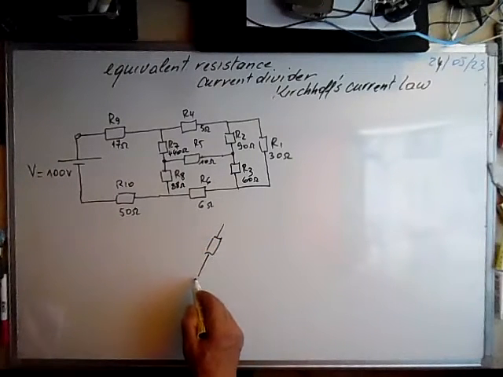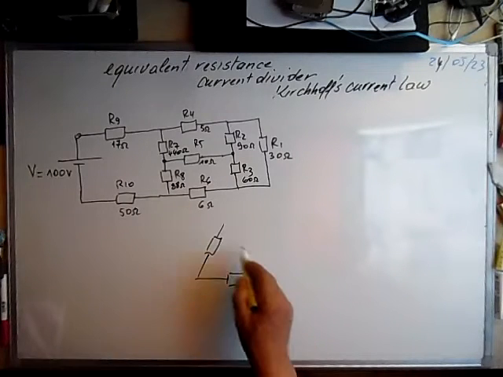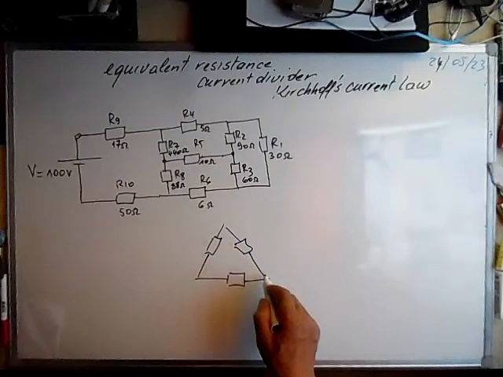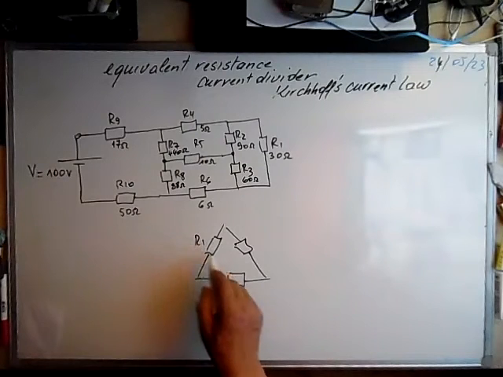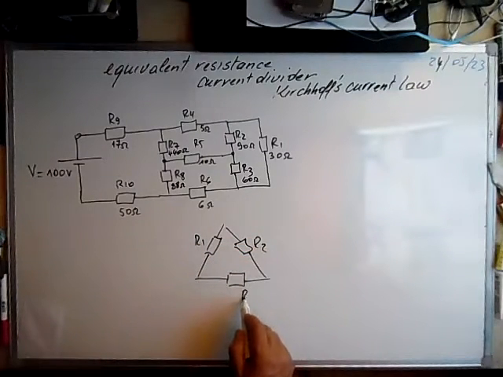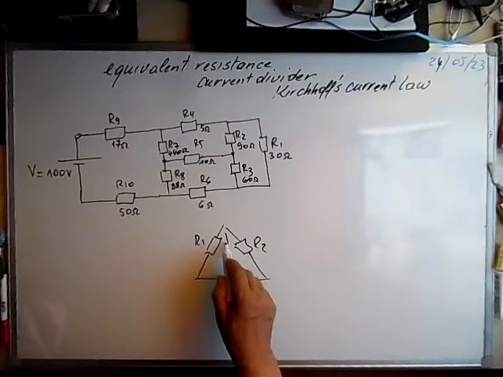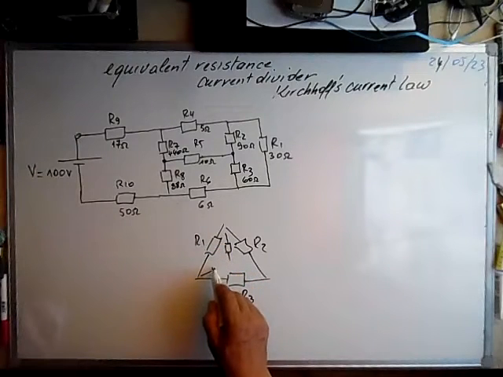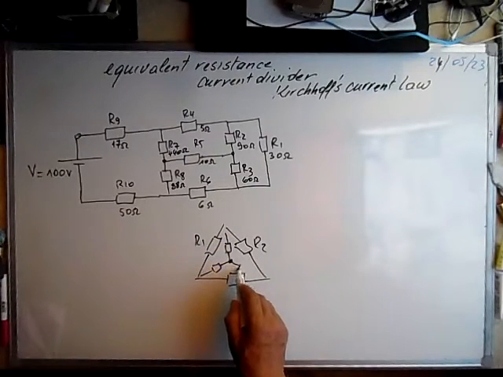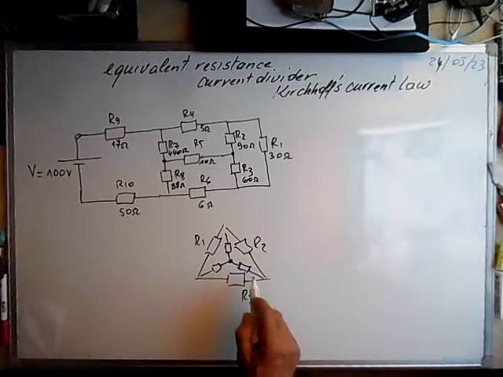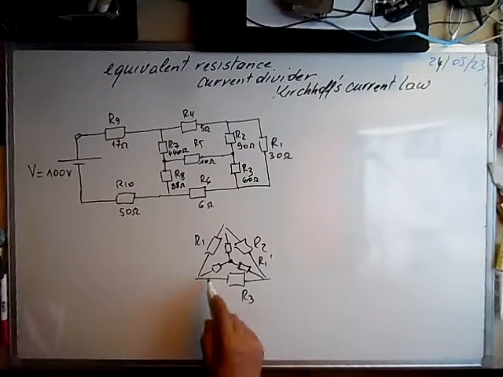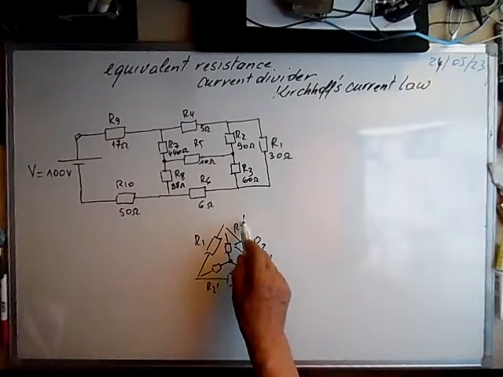If you have to transform a delta, R1, R2, R3, into a star, I will give you the equations now. This one is R1 prime, this one is R2 prime, and this is R3 prime.